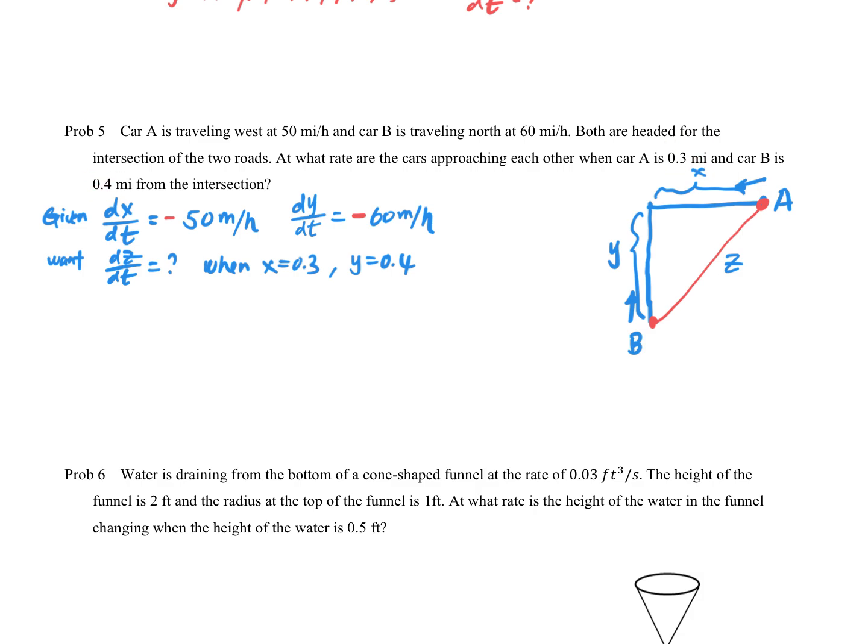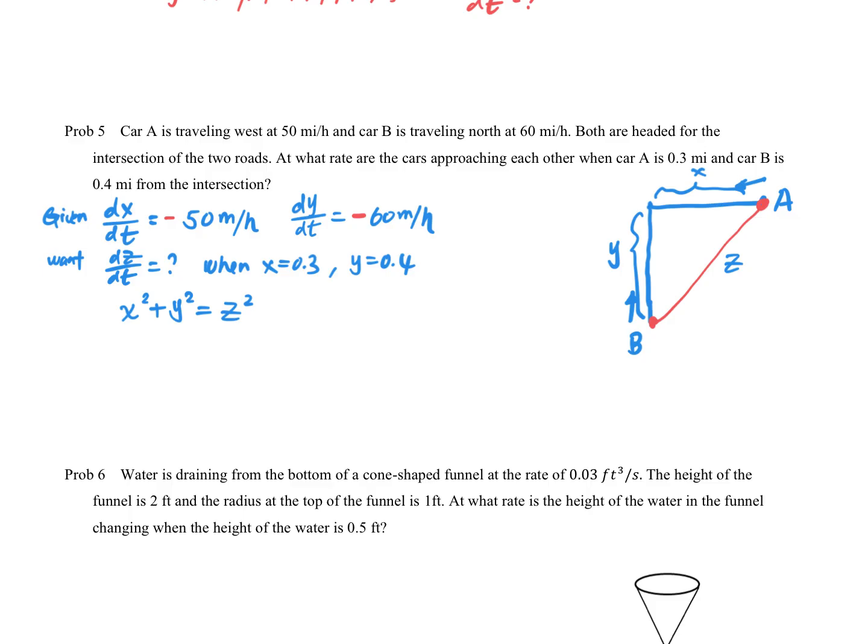Now, next, we want to find an equation that relates these variables, right? And it's very intuitive. The Pythagorean theorem can be used. We have x squared plus y squared equals z squared. That's the equation.